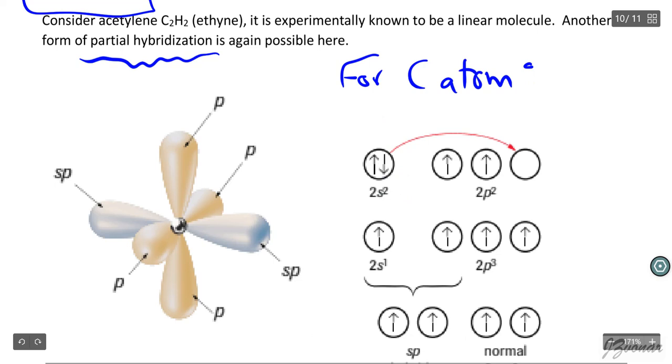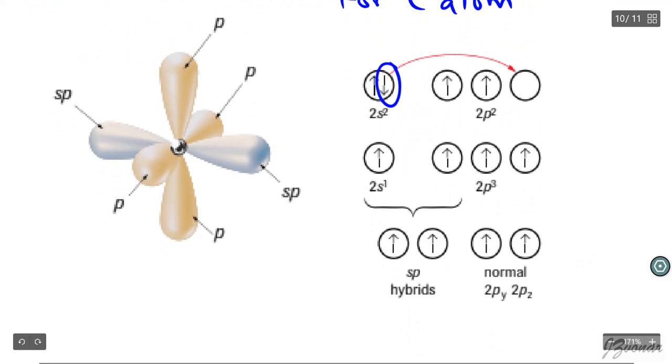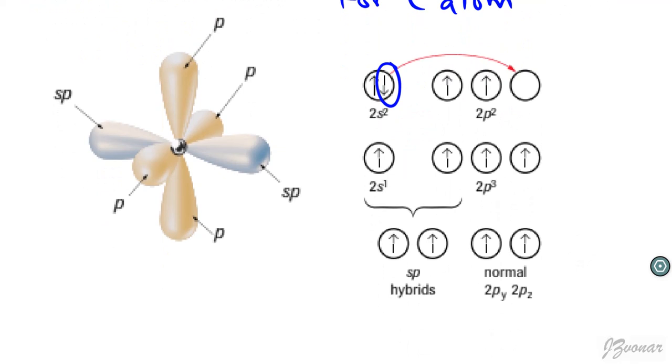The electron is promoted to that empty p orbital. And so instead of doing a full hybridization, which would happen in the formation of 4 single bonds, what happens is a partial hybridization between 1s and 1p, and thus it forms an sp hybrid.